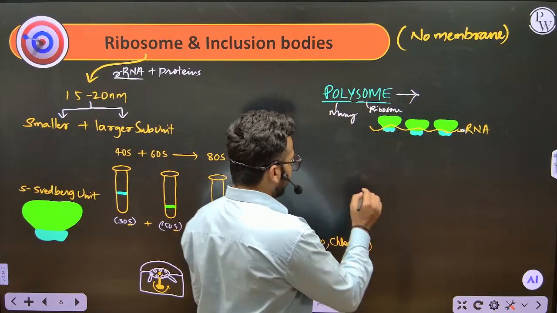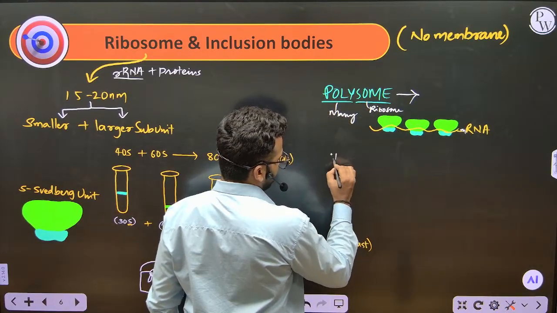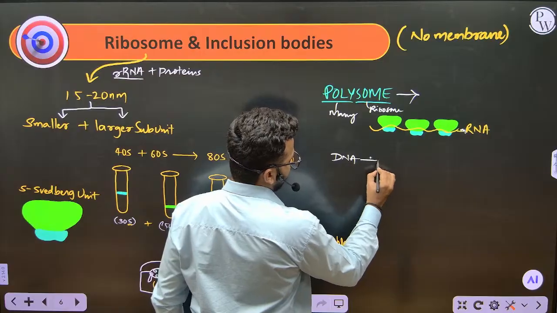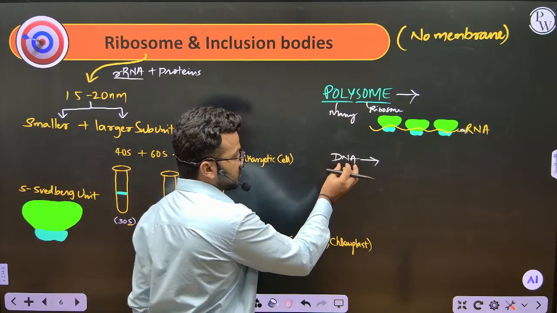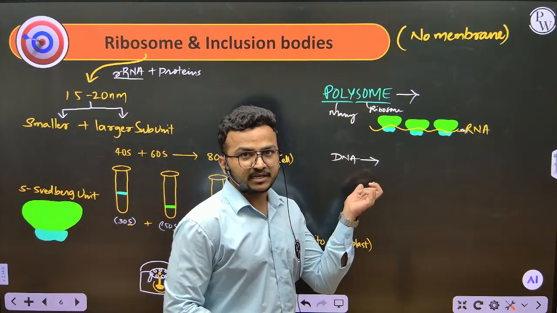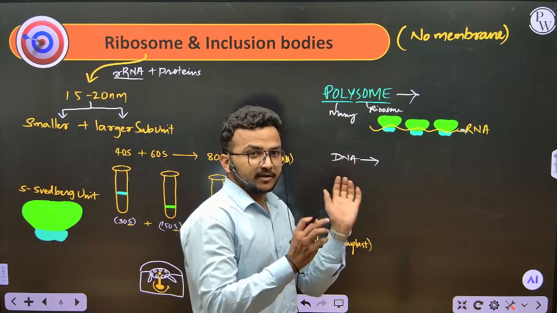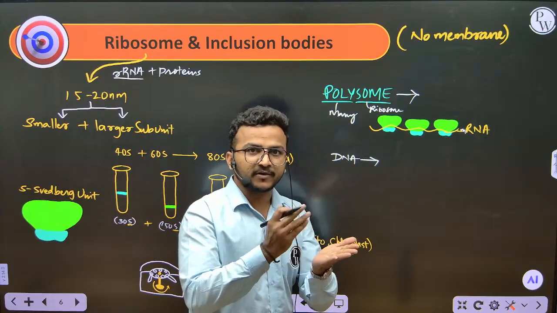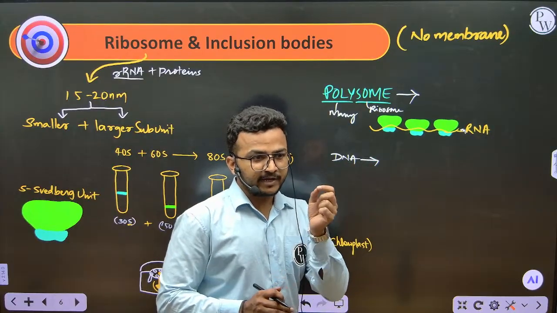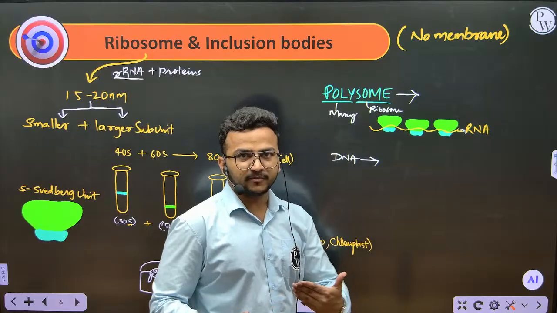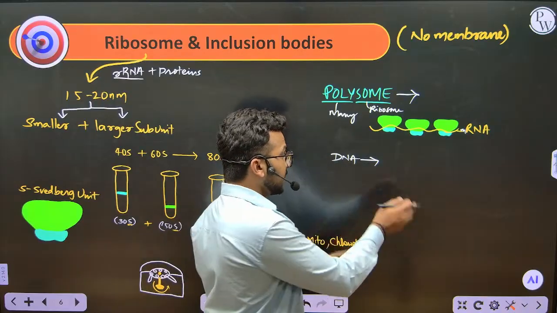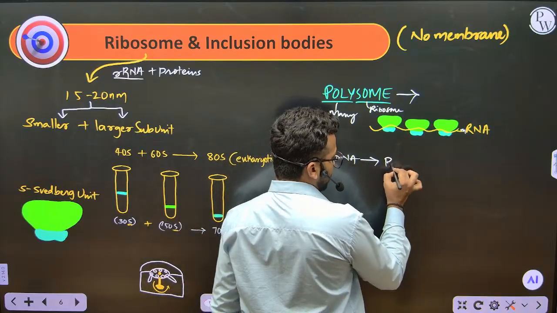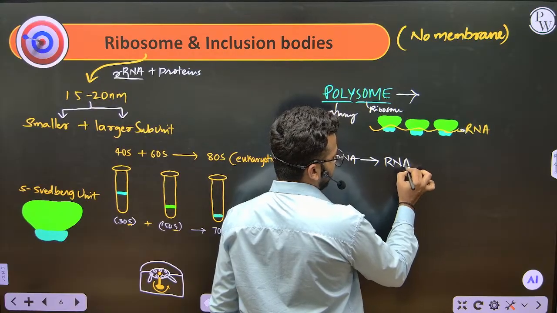There is DNA, which will be storing some information. DNA is like a book, so it will have many pages of information. If you want to read one page of information, that will be copied, photocopied or transcribed in the form of RNA.